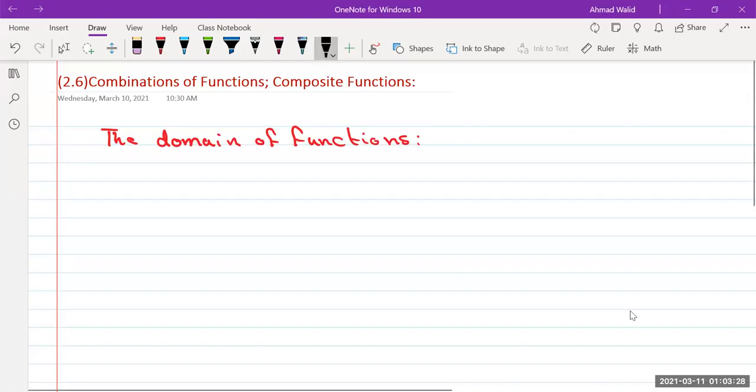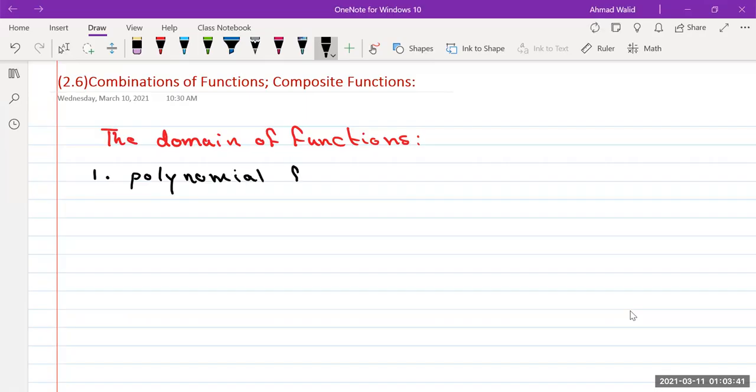Here, I'll discuss three types of functions with you. The first one, polynomial functions.